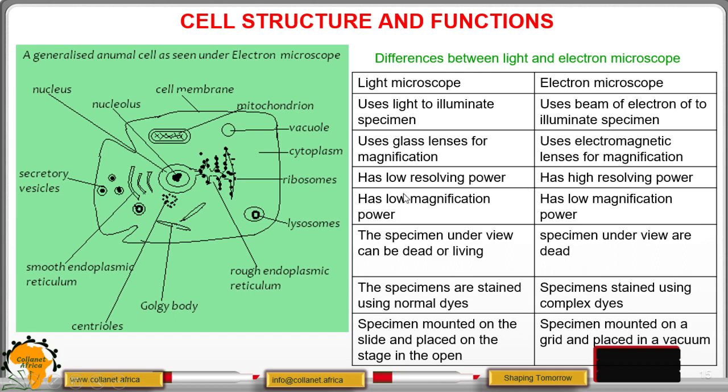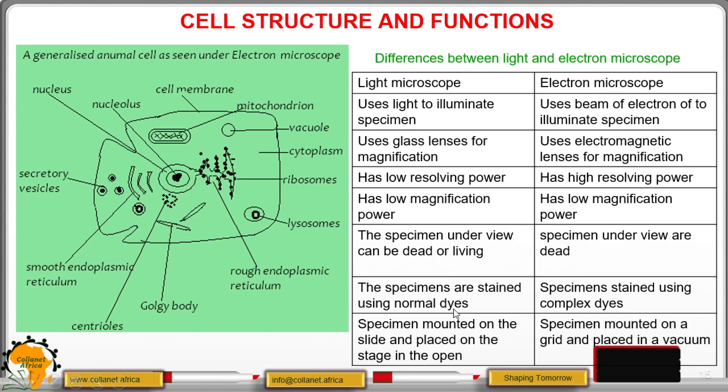Light microscope has low resolving and low magnification power, but electron has high resolving and high magnification power. The specimen under view in light microscope can either be dead or living, but electron microscope deals only with dead specimens.